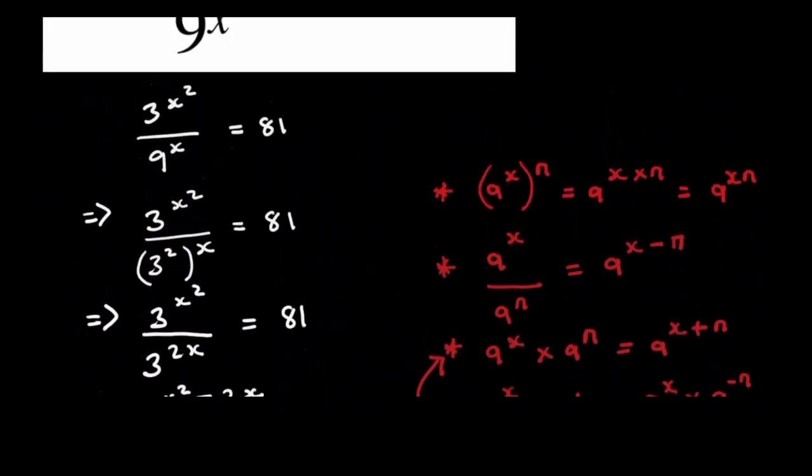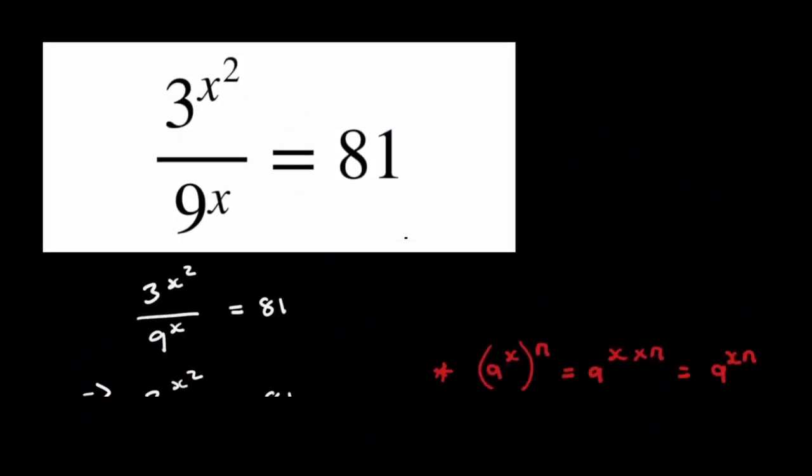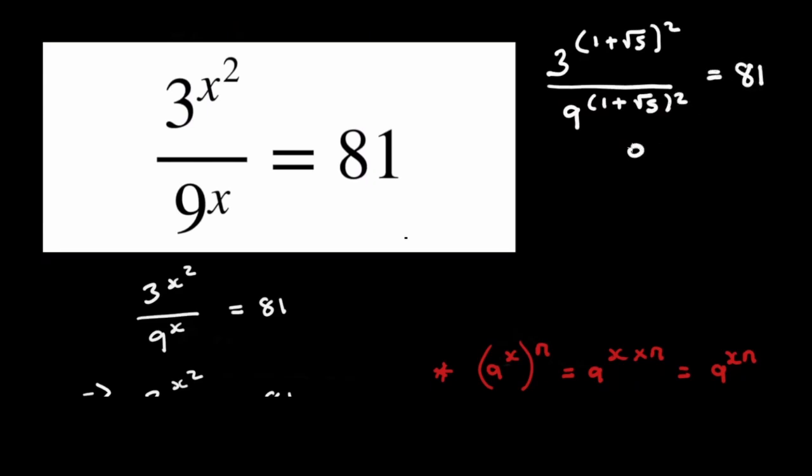This means that if we come here, and you can confirm this on your calculator, 3 to the power 1 plus the square root of 5, squared, over 9 to the power 1 plus the square root of 5, squared, will surely give us 81.